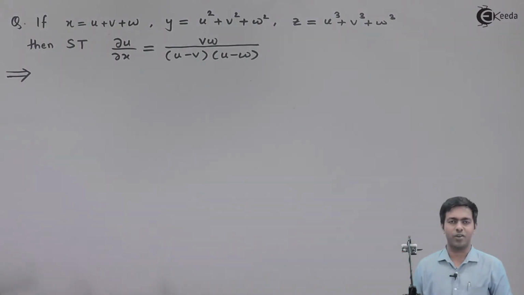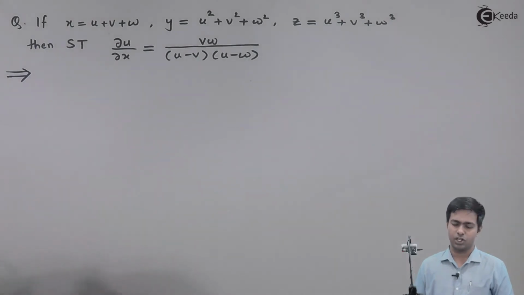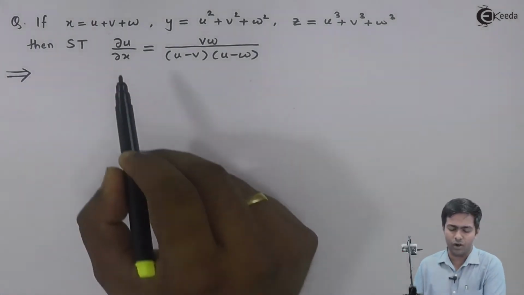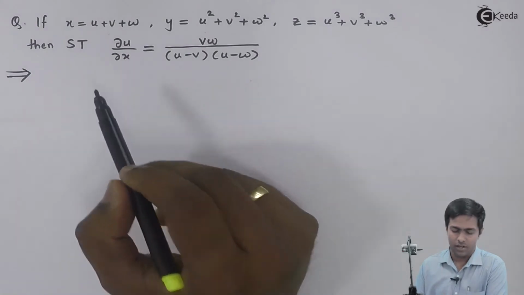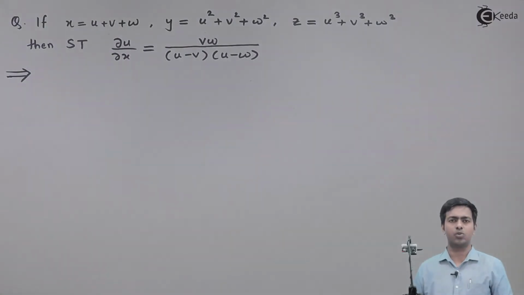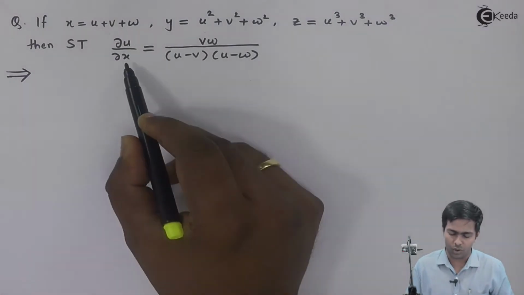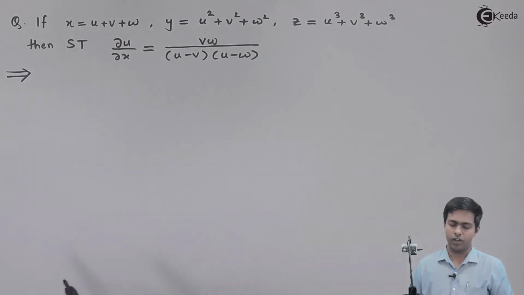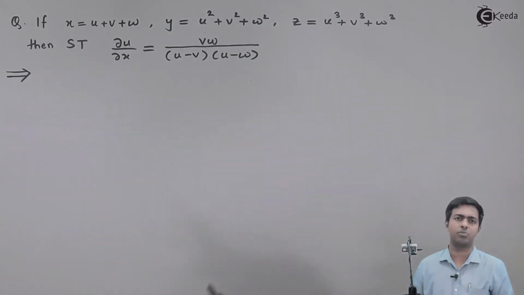So here we'll make use of partial derivatives using Jacobians so that we get the value of ∂u/∂x even if u is not given in terms of x.